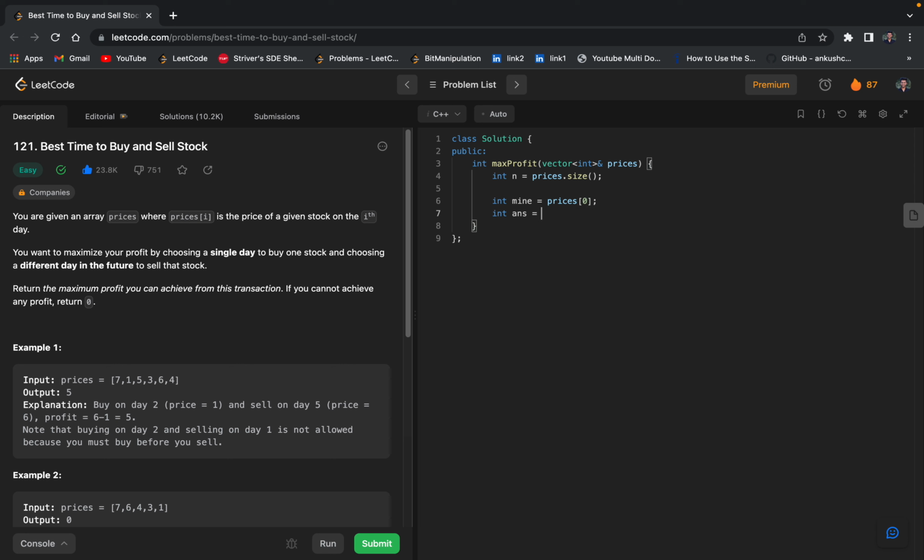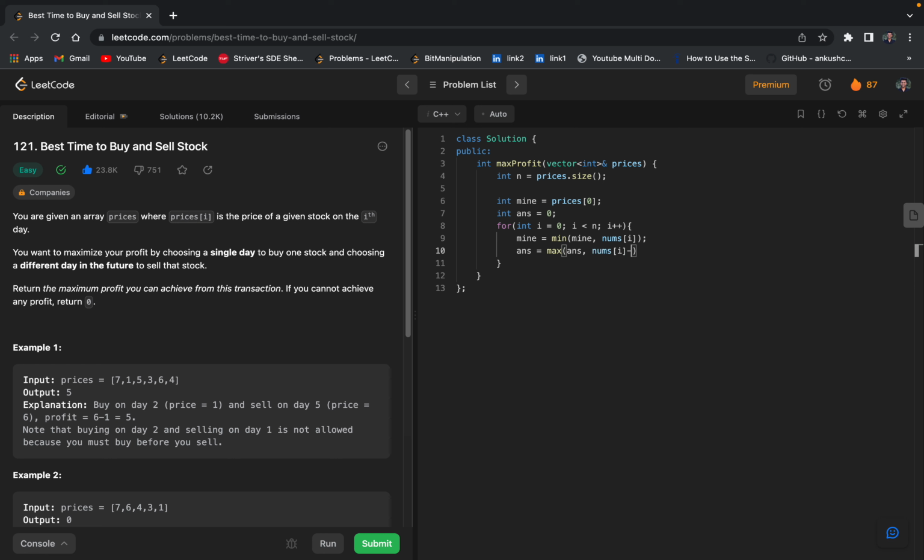Answer is equals to 0. I is equals to 0 and I is lesser than n, I plus plus. If I find anything minimum than my minimum value, then I will update it. And if I find a better answer, I will update it as well.